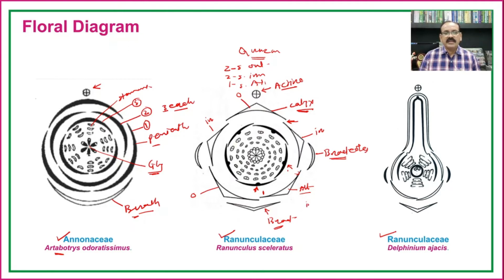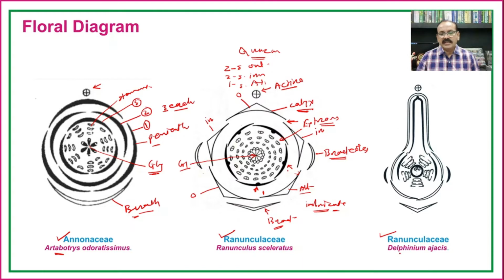Such type of aestivation is known as imbricate type of aestivation. Again the petals are free. There are many stamens, and here these stamens are drawn as extrorse condition, that is they are facing towards the petals, and in the gynoecium there is a presence of placentation.